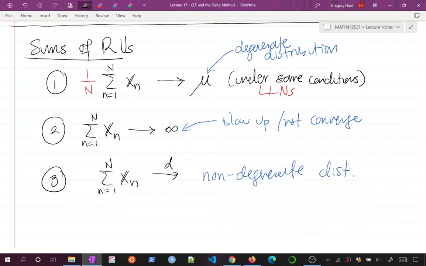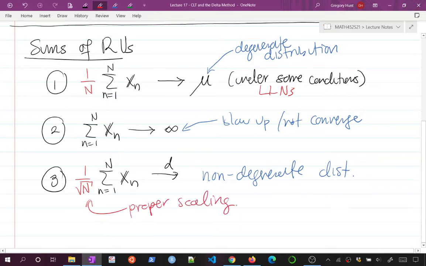And that is basically what the central limit theorem is telling us. And indeed, the answer the central limit theorem gives is that under certain conditions, if I put not 1 over n, but 1 over root n, so I do some kind of proper scaling, then I can get this to converge to a non-degenerate distribution.